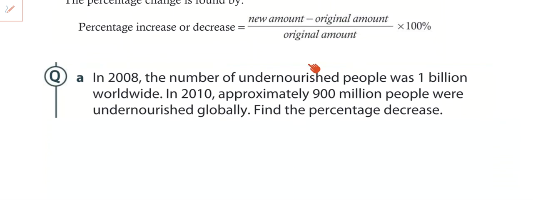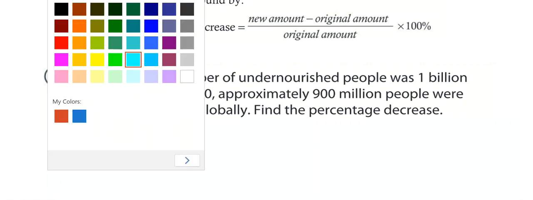All right. Because we've got a formula, when we read the question, we need to extract the information out of it, don't we? So what information do I need from that question? But what do I need?